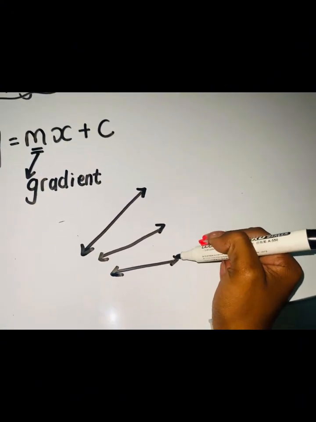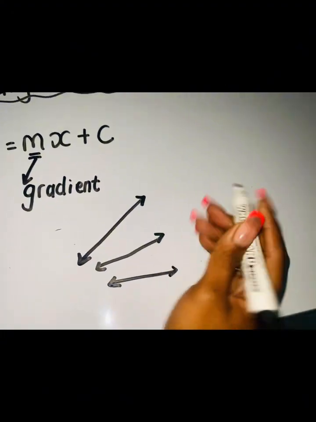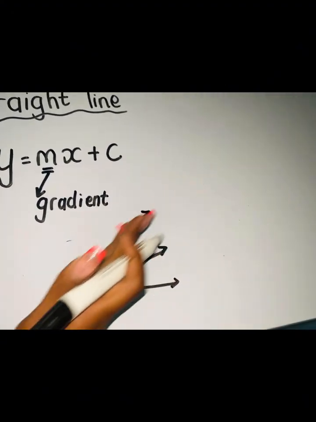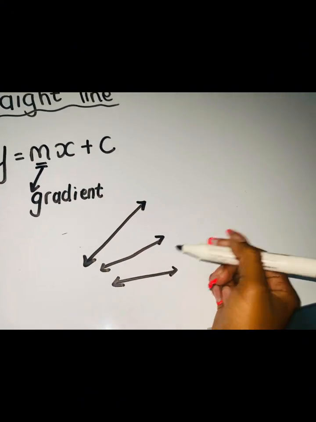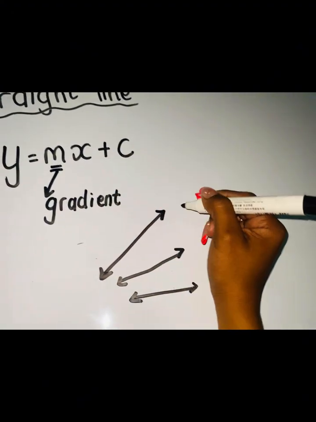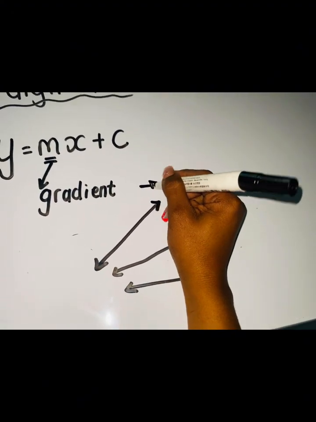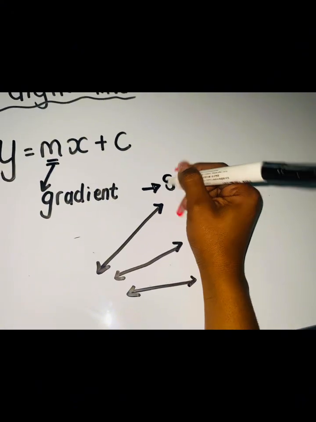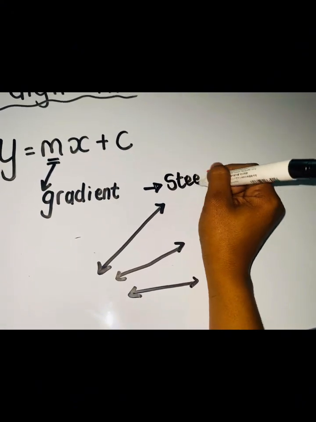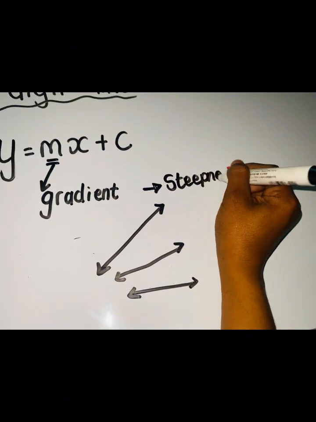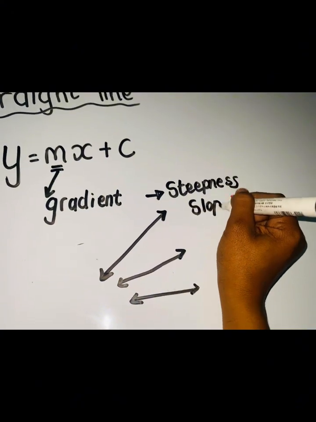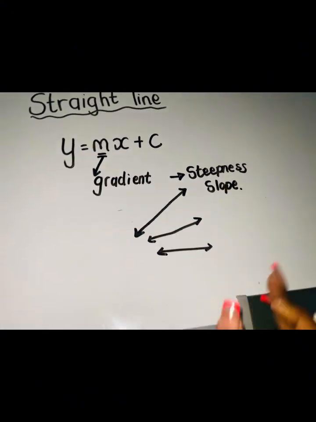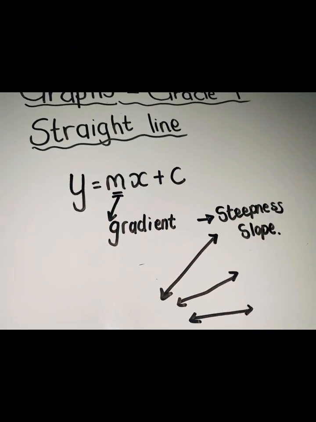Yes, and this one is less steep. So the higher you go, the steeper it gets, and the lower you go, the less steep it gets. So when we talk about the gradient, we talk about how steep the line is. So it tells us about the steepness, or it tells us about the slope. So slope and steepness is the same thing. Right, this is the gradient.